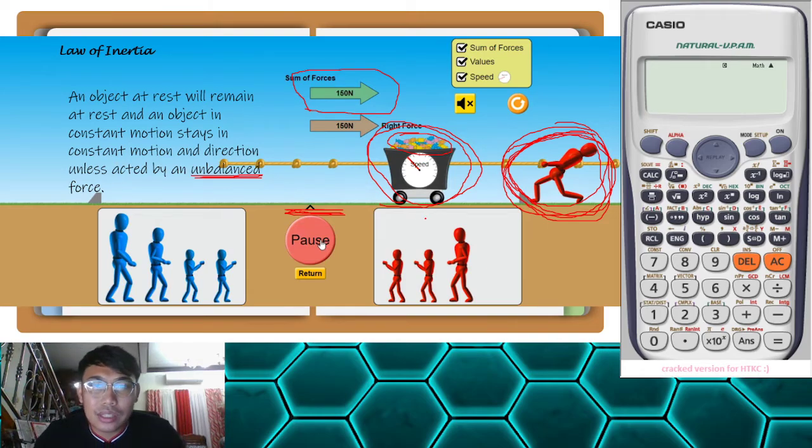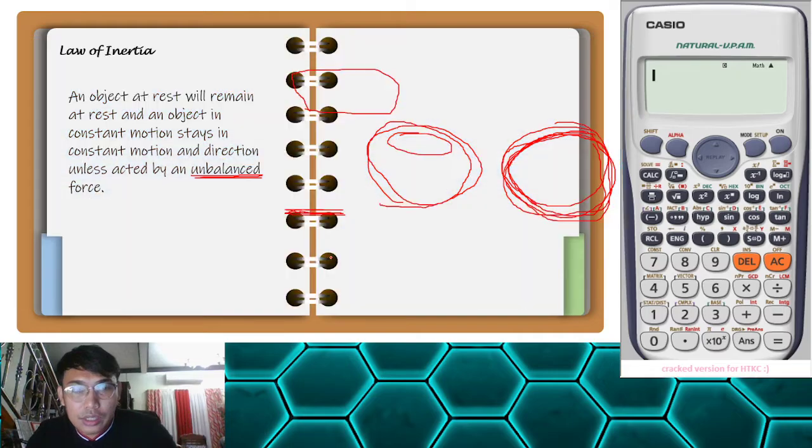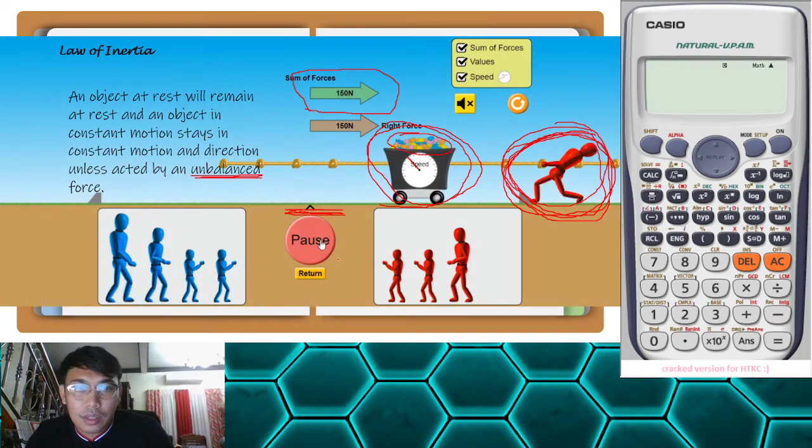As you can see, there is no force acting on the other end of the object. So if that object is resting, then when this guy pulled that object, there is an unbalanced force acted on it.